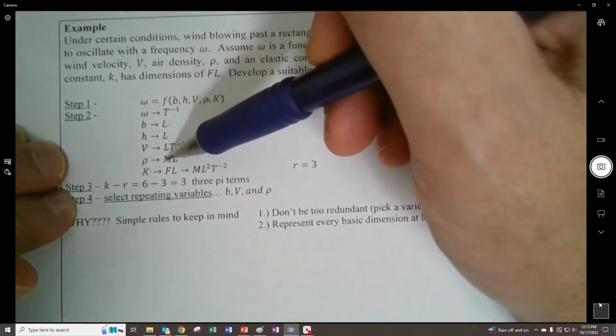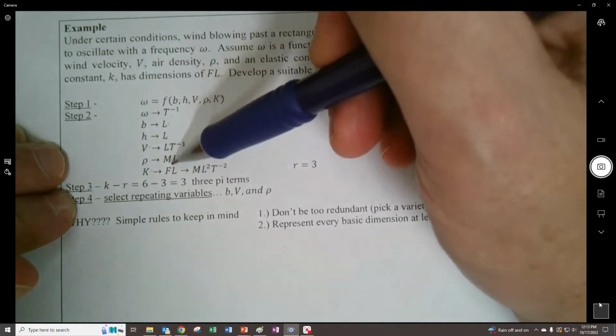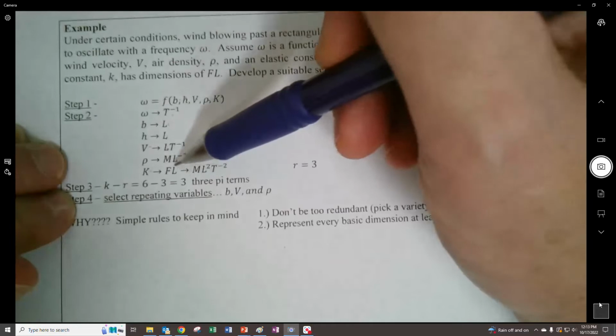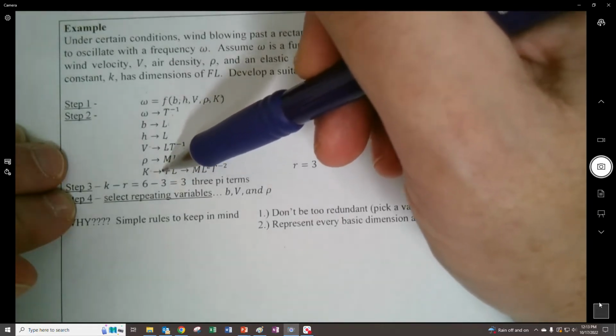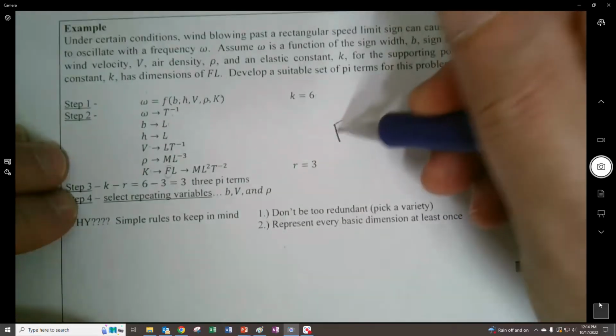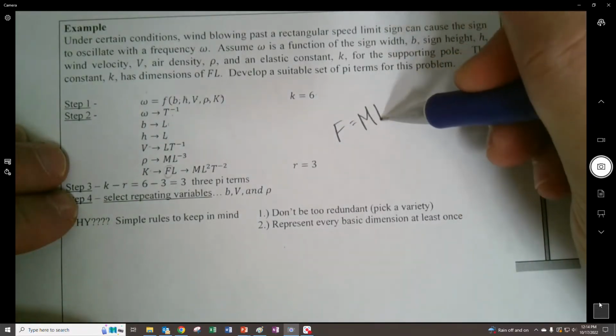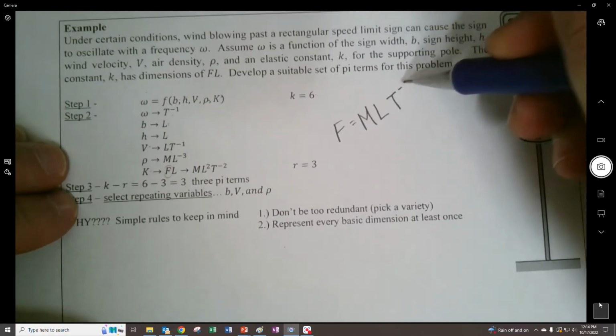So we want to use either MLT or FLT, and I decided to go with MLT. So I want to convert that F into MLT. And remember that F equals MA, so F equals M L T to the minus 2.